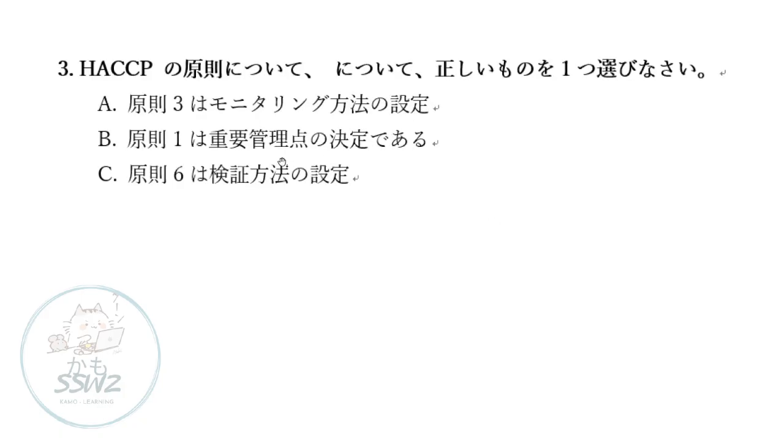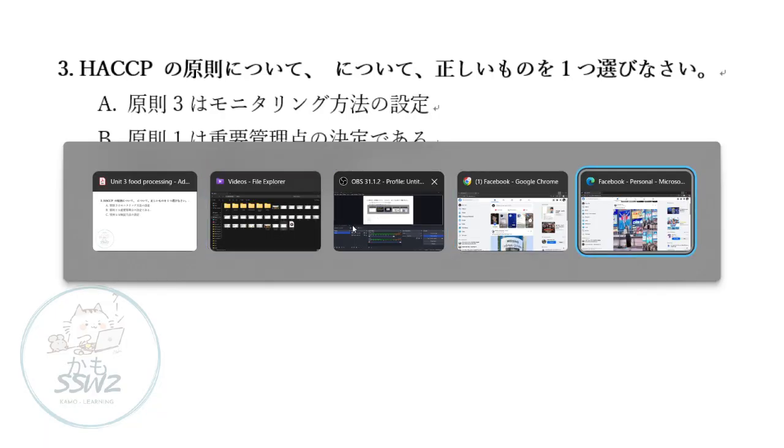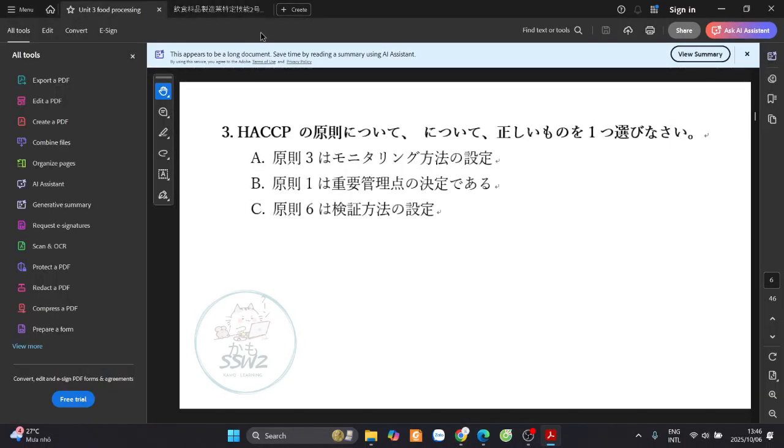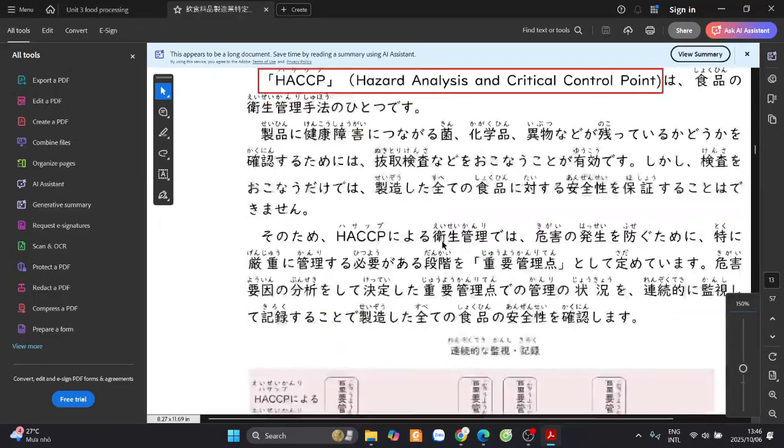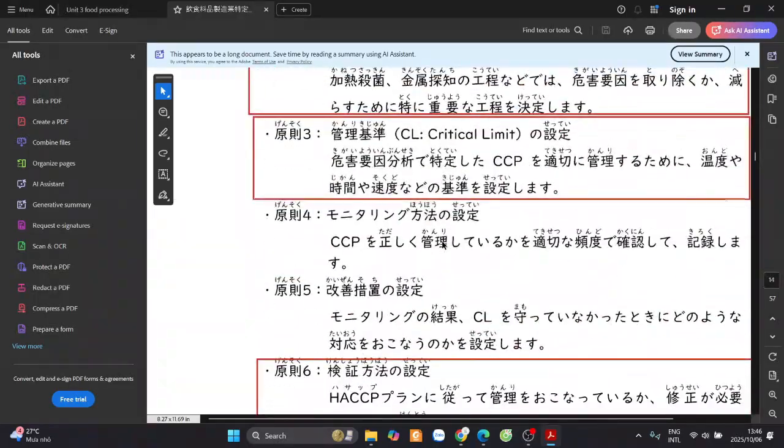ハサップの原則について正しいものを選びなさい。A、原則3、モニタリング方法を設定。B、原則1は、重要管理点の決定である。C、原則6は、検証方法を設定。So, we can see in the book here about the 7 原則 in HACCP.